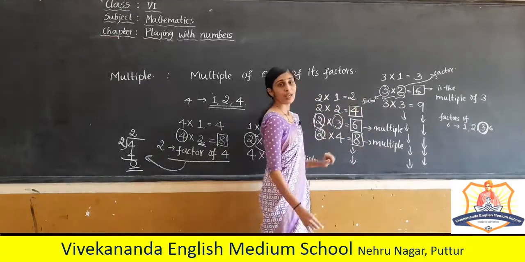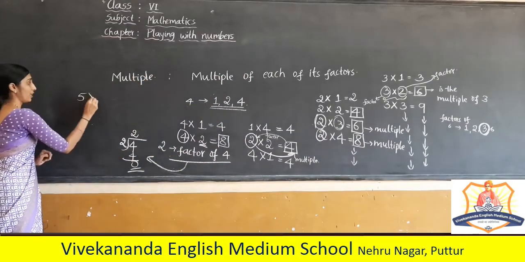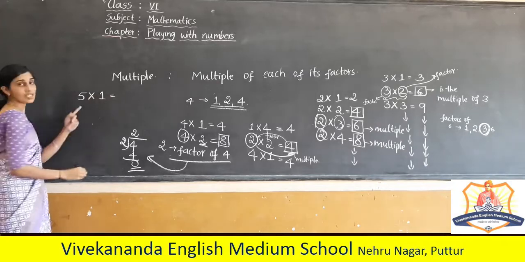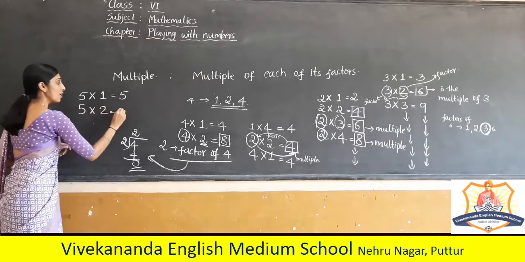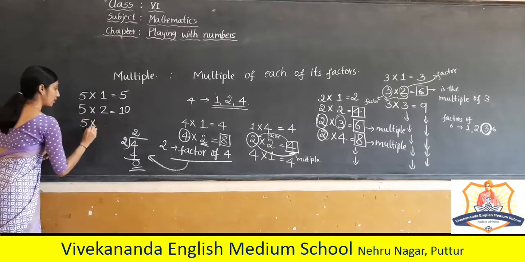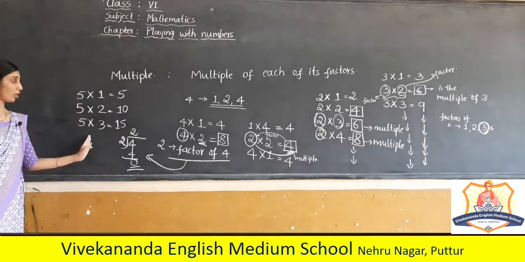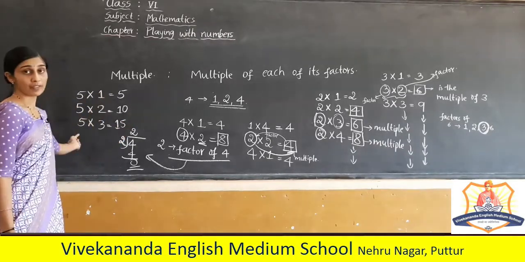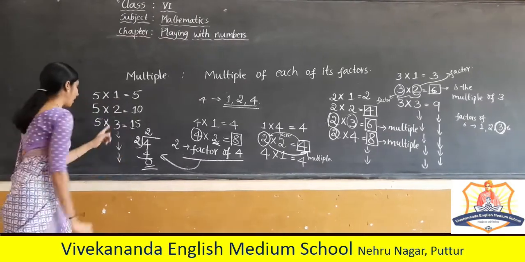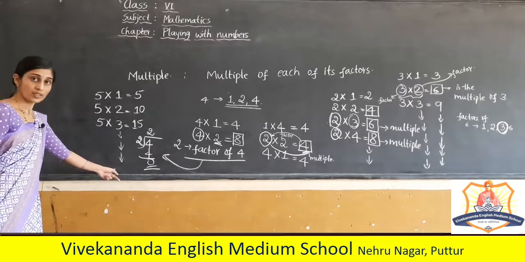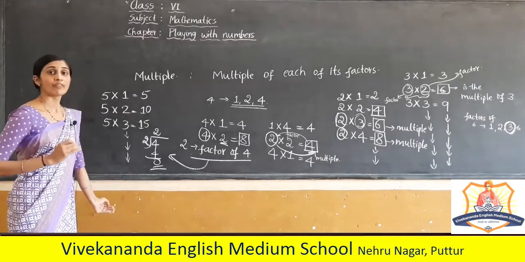Am I right? If I take any number, for example number 5, all the possible natural numbers I can go on multiplying, so we call it the multiplication table of 5. Isn't it? So, it goes on, never ending.